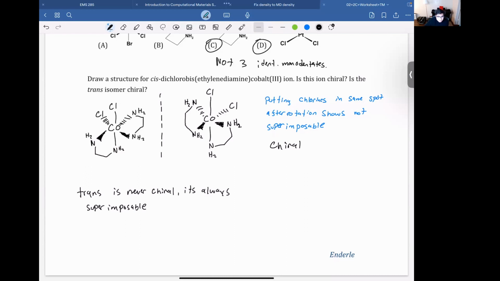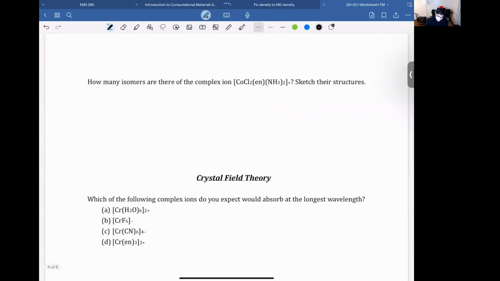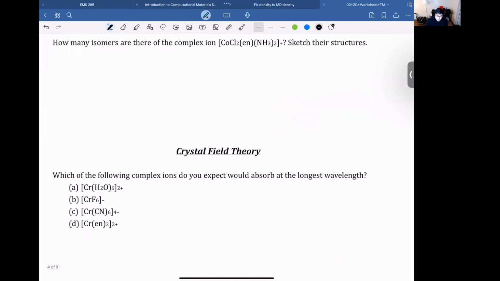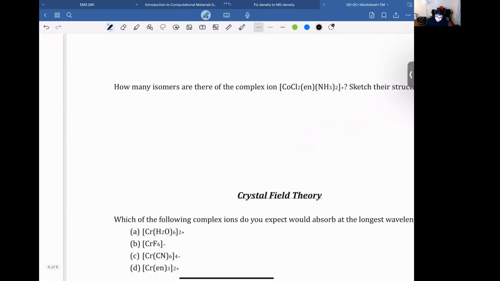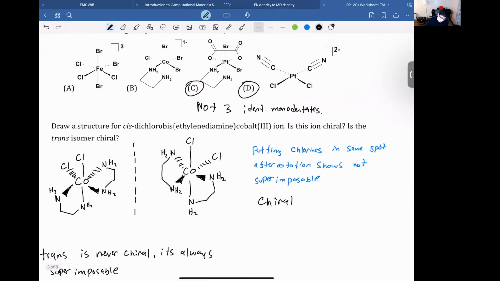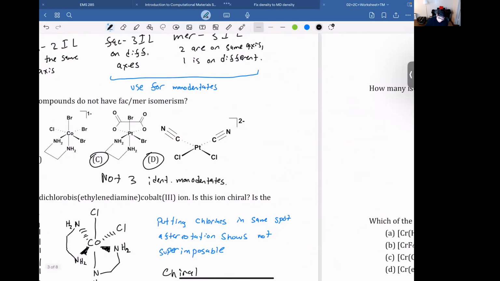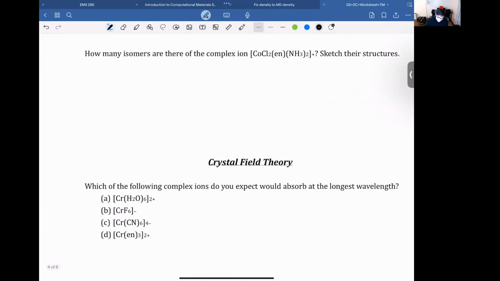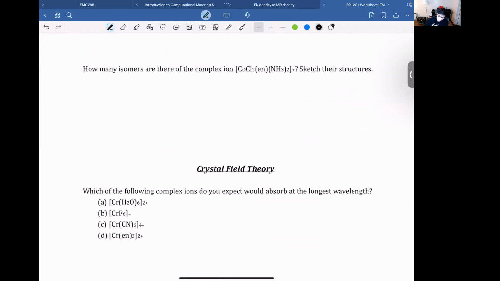All right. So I'm not going to draw it here, but you can, and you'll also see that they are superimposable. And you can use the same rule, right? Draw out the cobalt and then draw the chlorines trans to each other. And then everything else falls into place.